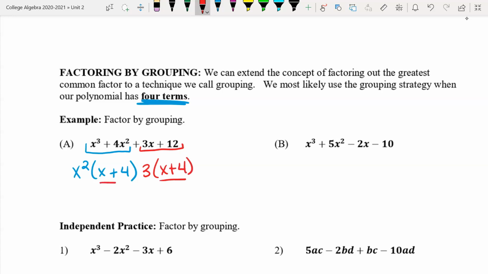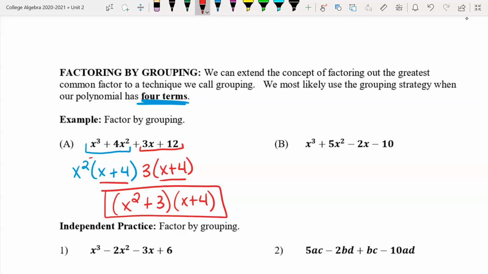When you do grouping, what's inside the parentheses should be the same, and now I can combine it to (x squared plus 3) times (x plus 4). You combine what's on the outside into one, and the x plus 4 is only written once. So again, usually I group the first 2 and the last 2, and whenever you group, you should get the same thing in parentheses.